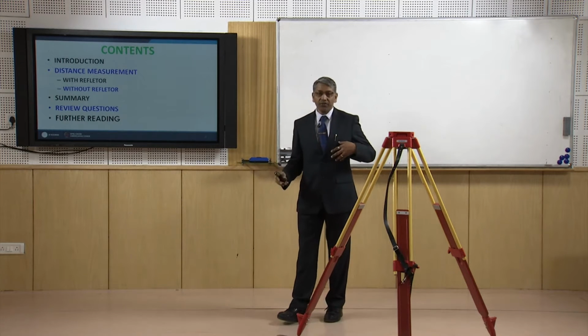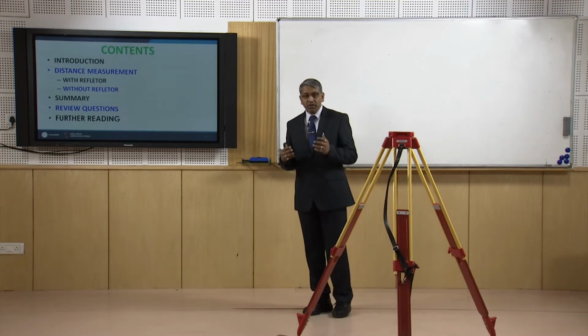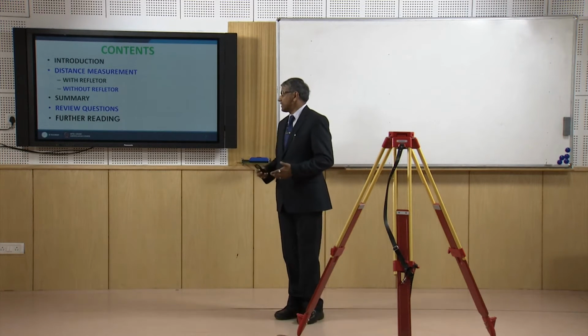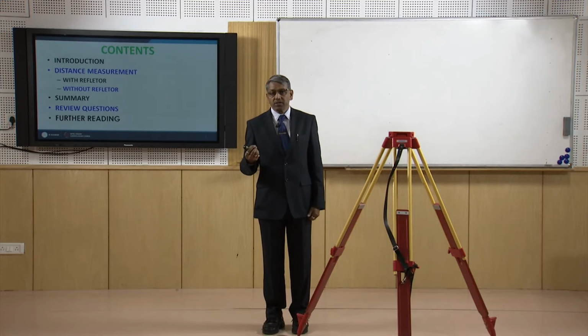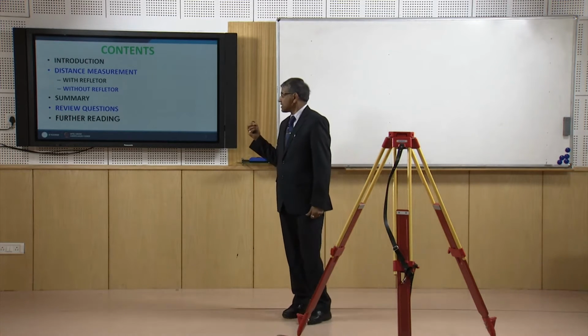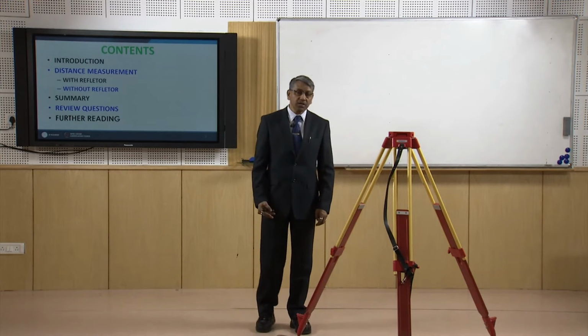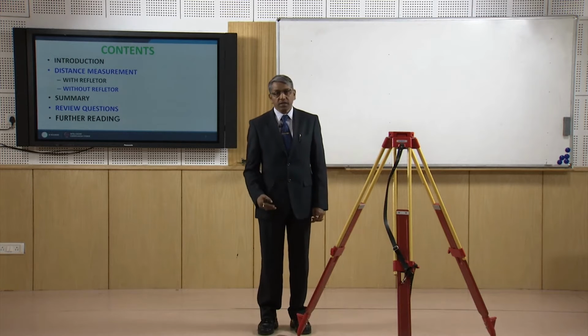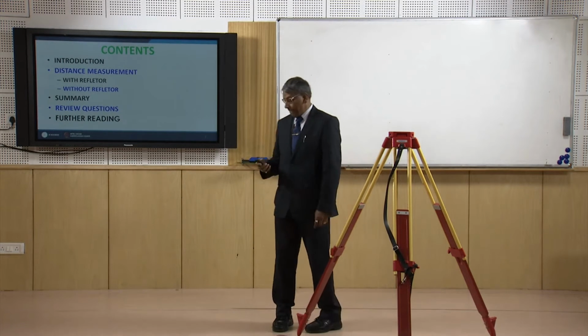There are two ways we can measure the distance using a total station, one with a reflector, another without a reflector. I will be telling you about some points on these two types, and then I will demonstrate how to measure distance using a total station with a reflector and without a reflector.